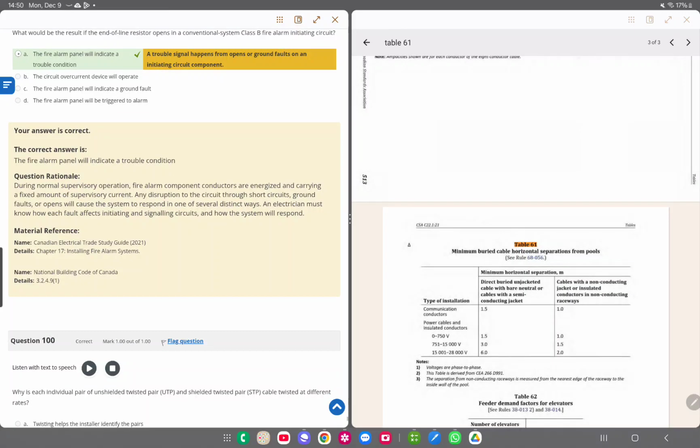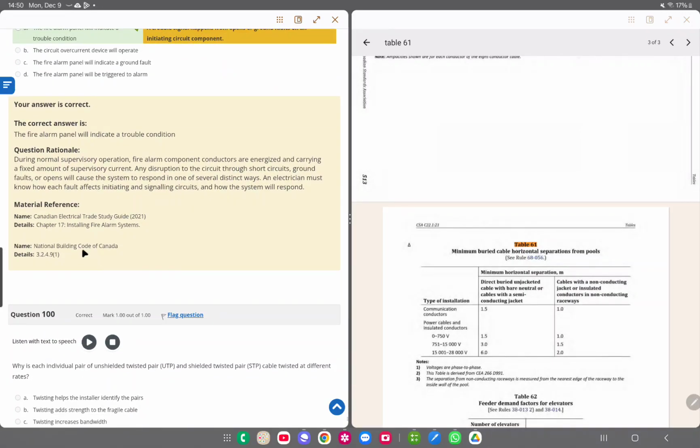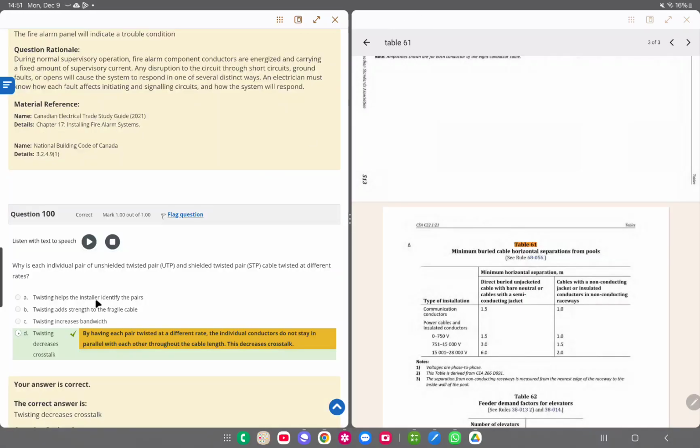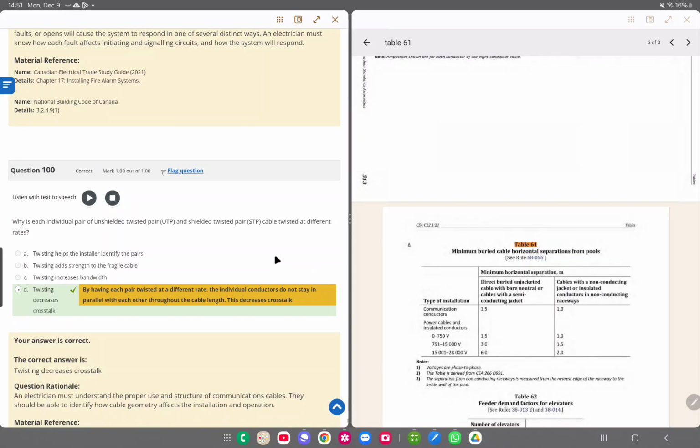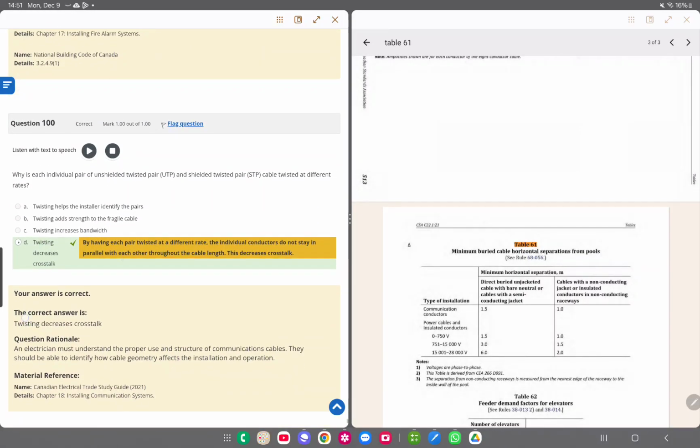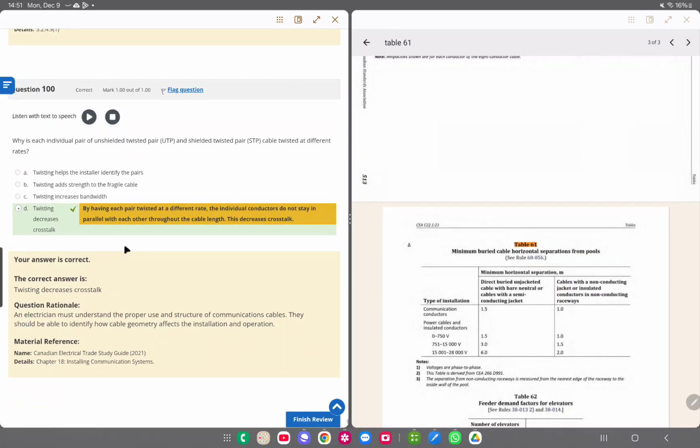So we got Chapter 17, installing fire alarms. And then we also have here, why is each individual pair of unshielded twisted pair and shielded twisted pair cable twisted at different rates? Twisting decreases crosstalk again.